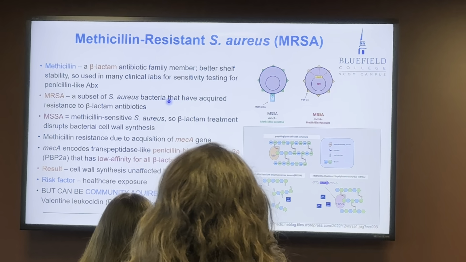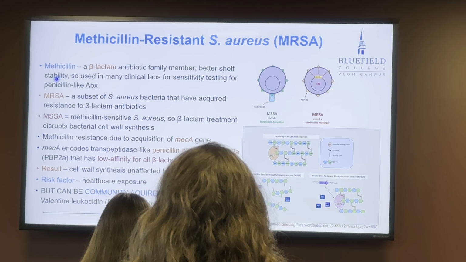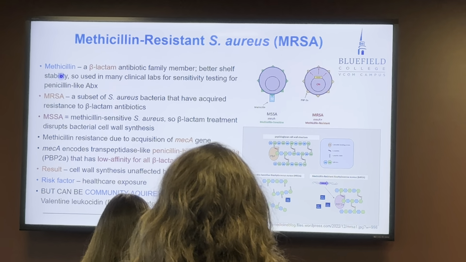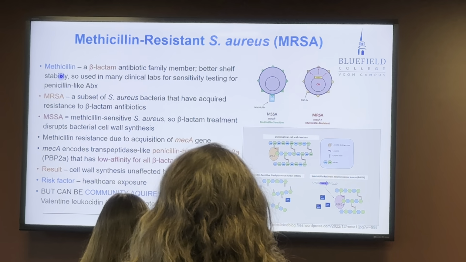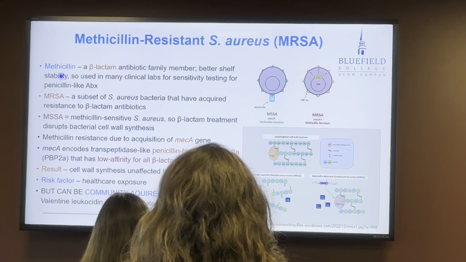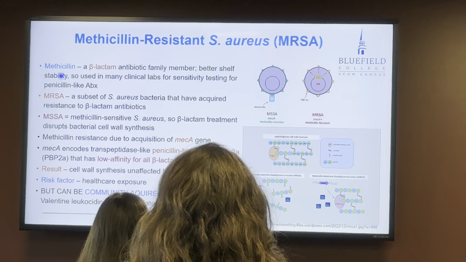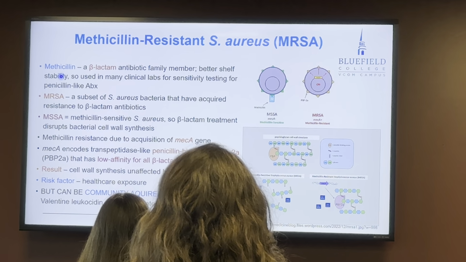All right. And so MRSA, remember methicillin, because I think we talked about that. Methicillin is very shelf-stable, so that's what is used in a lot of diagnostic labs, but it's a member of the beta-lactam family. It's a first cousin of penicillin, if the name gives it away, so it has that beta-lactam ring.